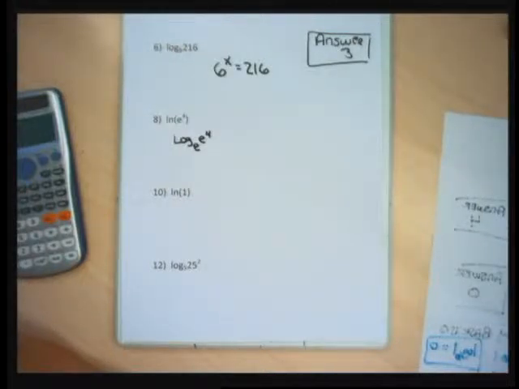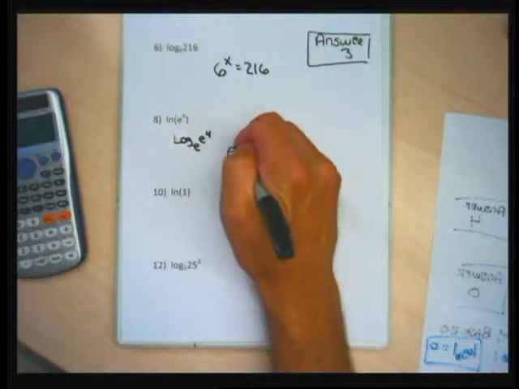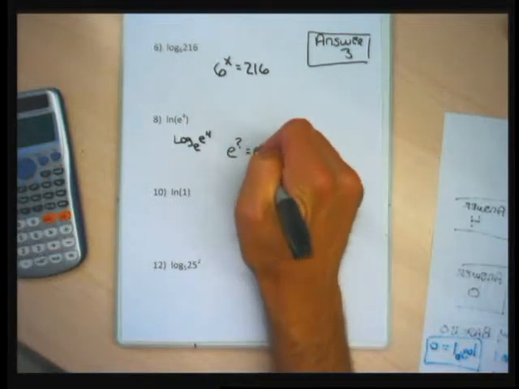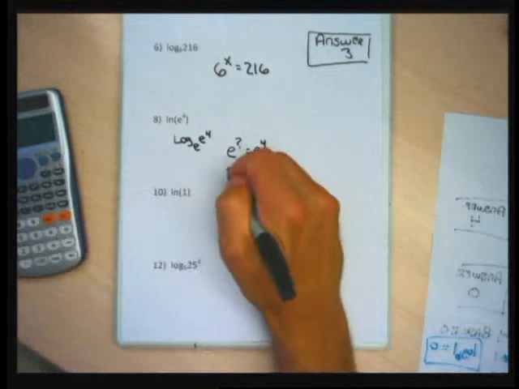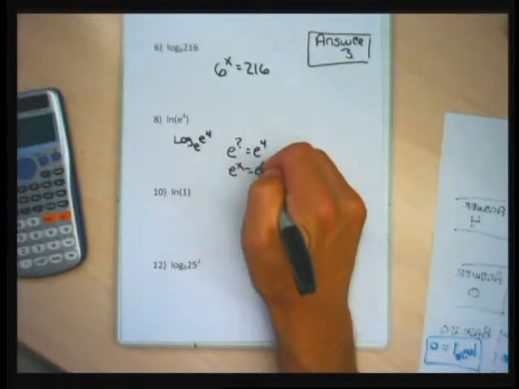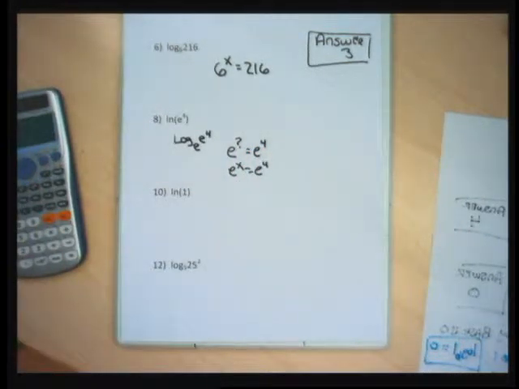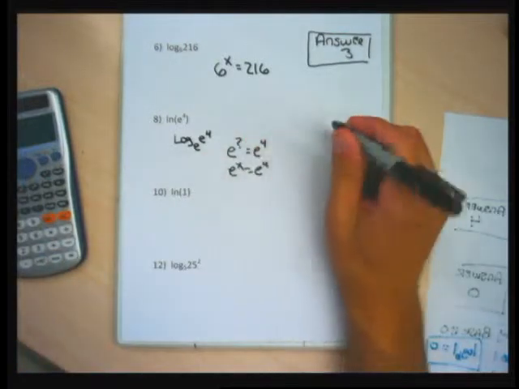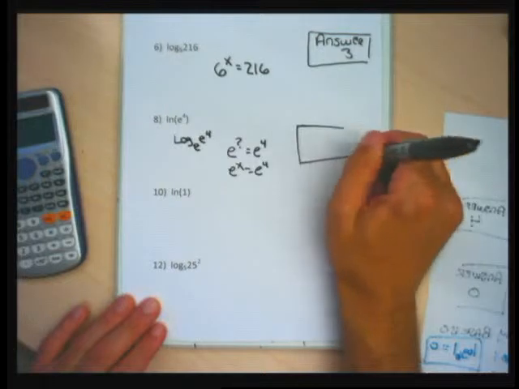So the question that this is asking is e to what power is e to the 4th, or e to the x power is e to the 4th. Sometimes I use question marks, sometimes I use x's, doesn't kind of matter. The answer is 4 because e to the 4th power is e to the 4th power.